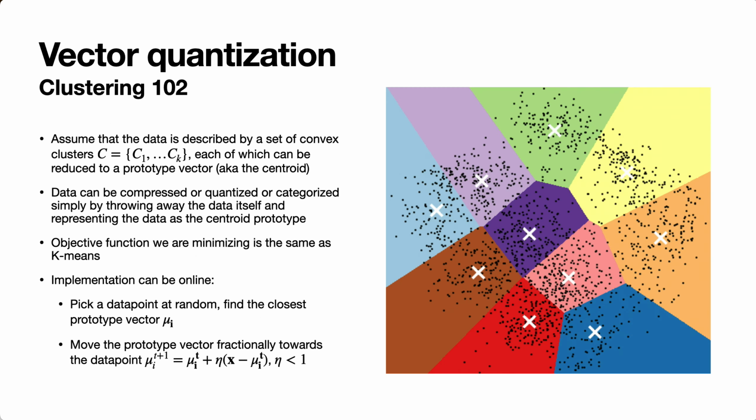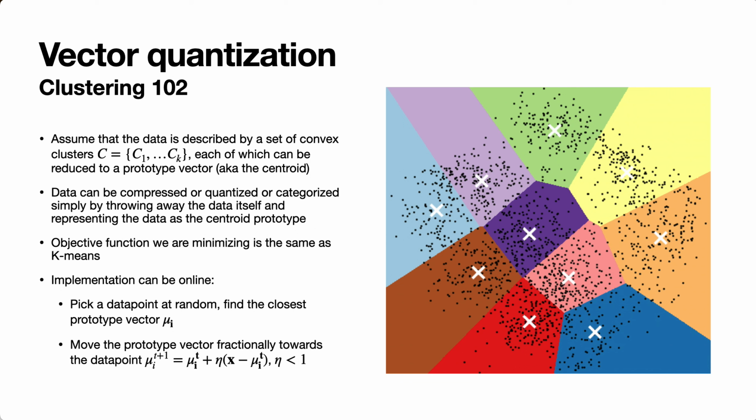Okay, now, interestingly, this turns out to also be a completely different idea that can be described by the same math. Vector quantization is the idea that we want to compress vectors, right?